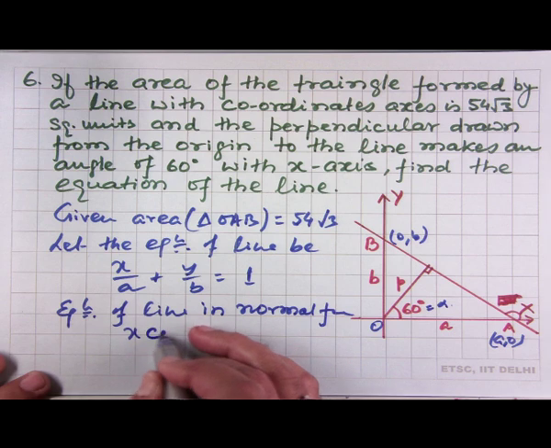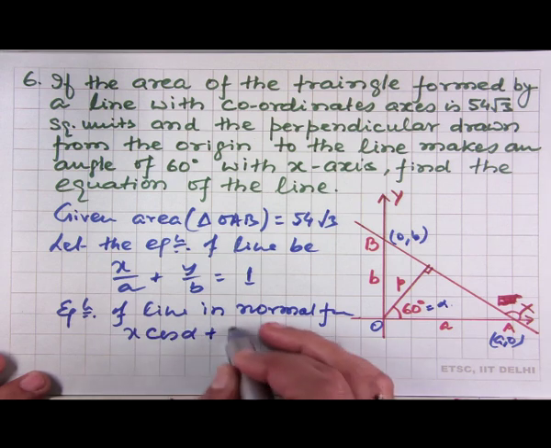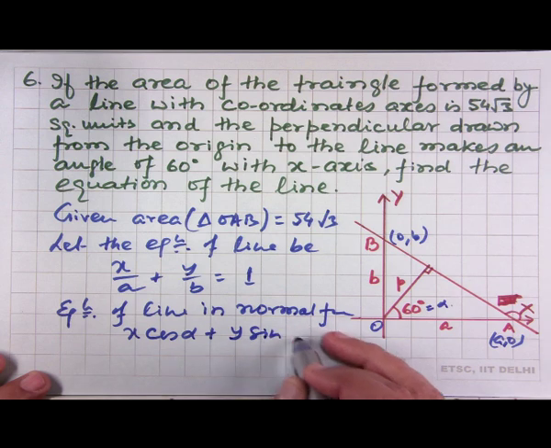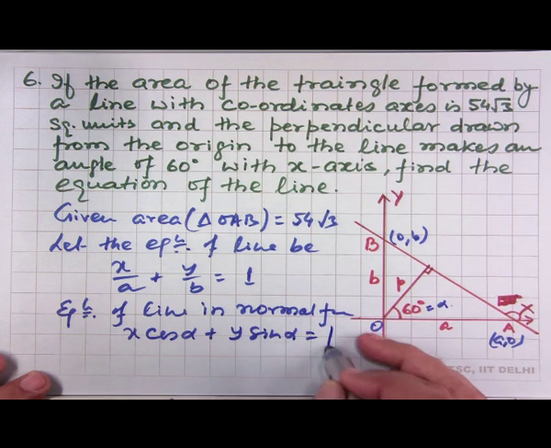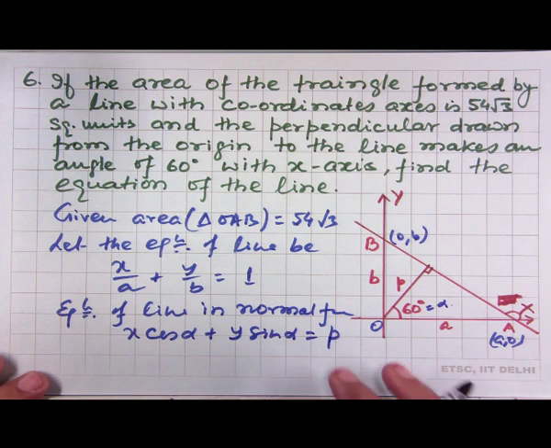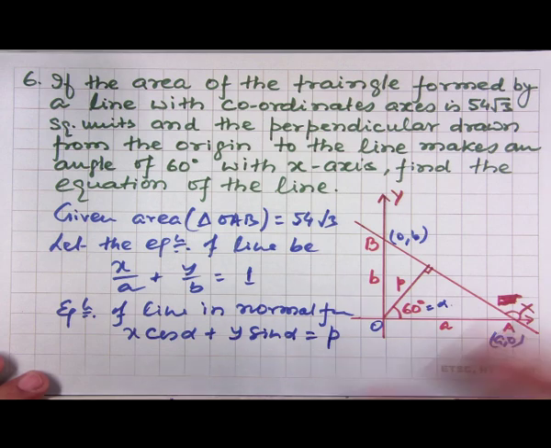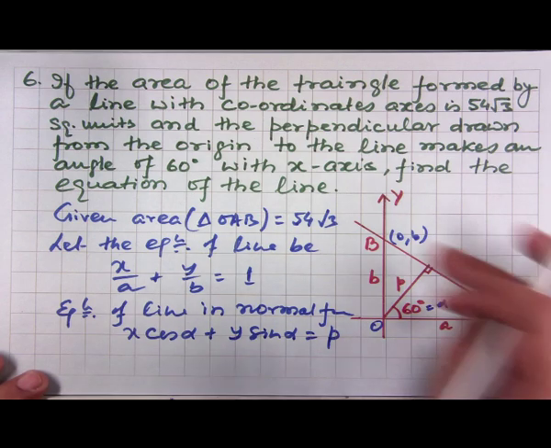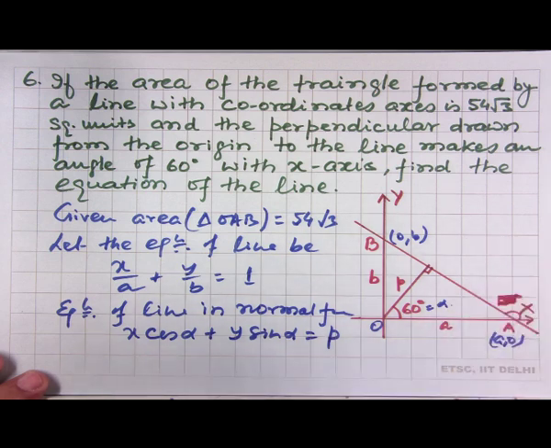x cos alpha plus y sin alpha equal to P. P is length of perpendicular from origin, or you can say distance of this line AB from origin.